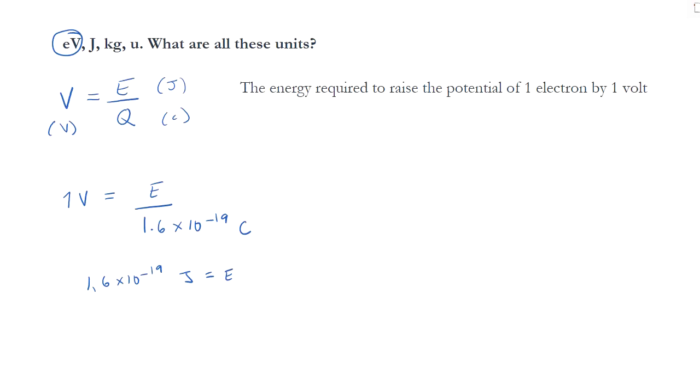And instead of using that number, we just call that the electron volt. Let's just say that: 1 electron volt is defined as the energy required to raise 1 electron up by 1 volt. If that doesn't make any sense, just say it to yourself 3 times fast, and it'll still not make any sense.